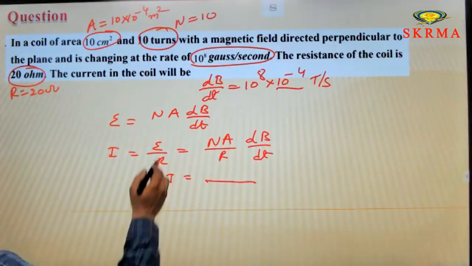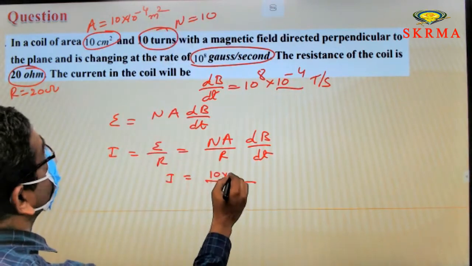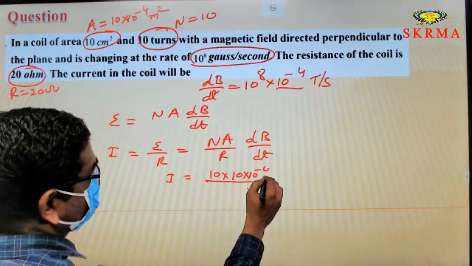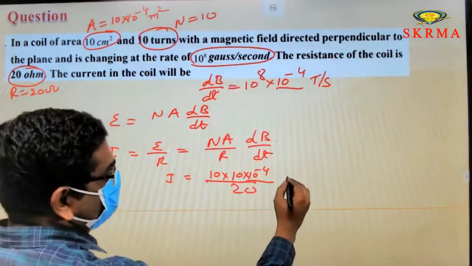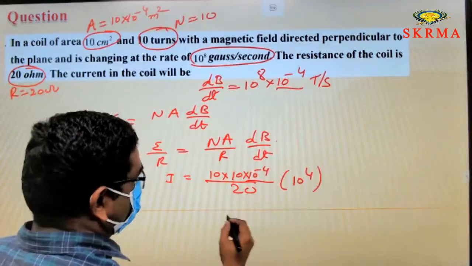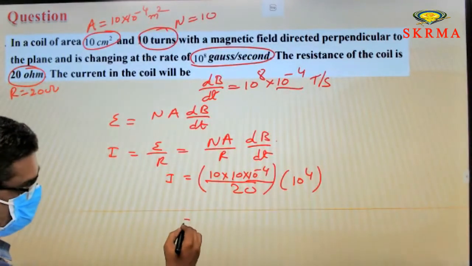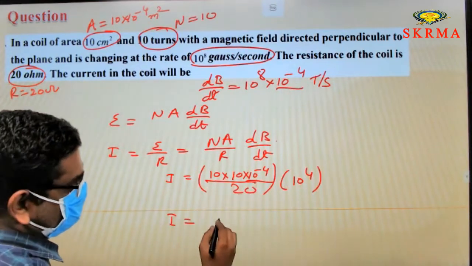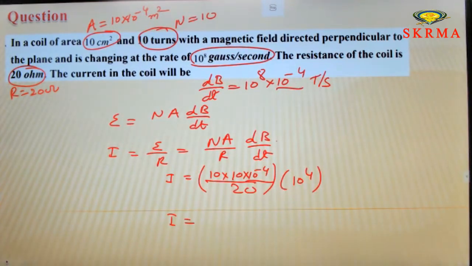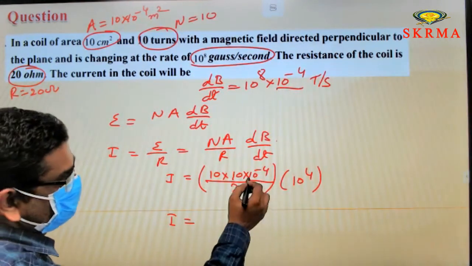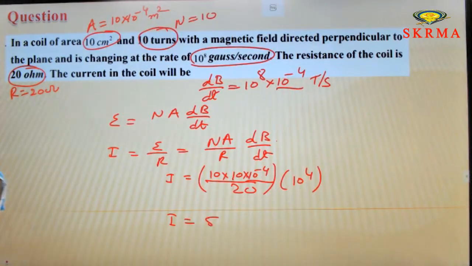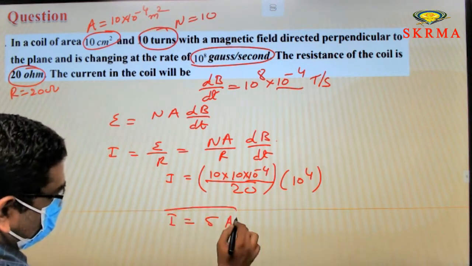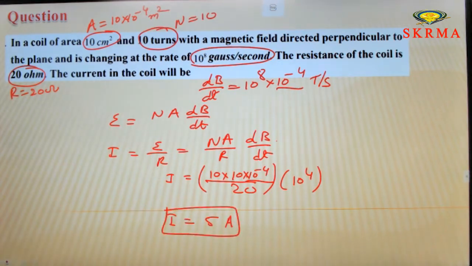Number of turns 10, area 10 into 10 power minus 4, by resistance 20, dB by dt is 10 power 4. Solve this one further. Then this is 10 power minus 2 and this one is 10 power 2. 10 power minus 4, 10 power minus 4 will cancel out. 100 by 20, 5 amperes. 5 ampere is the answer.